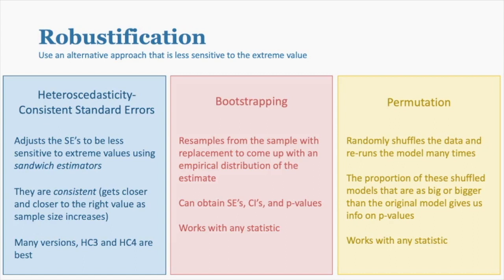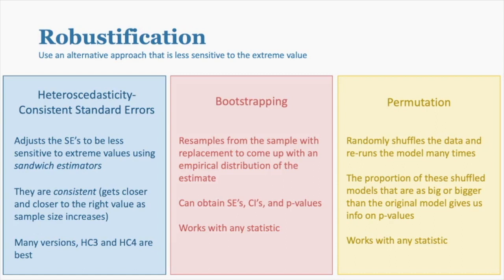There's also bootstrapping. This one is really cool. You can use it at any point. It just resamples from your sample with replacement. So it takes one of your data points and uses it, and then puts it back in, so it could draw the same person multiple times.